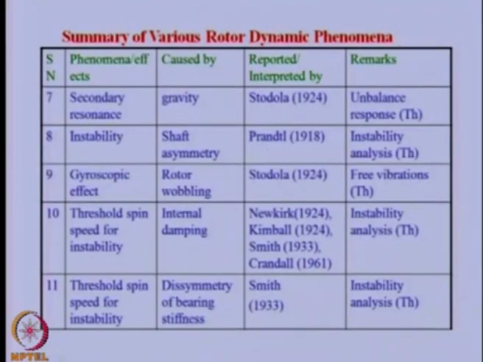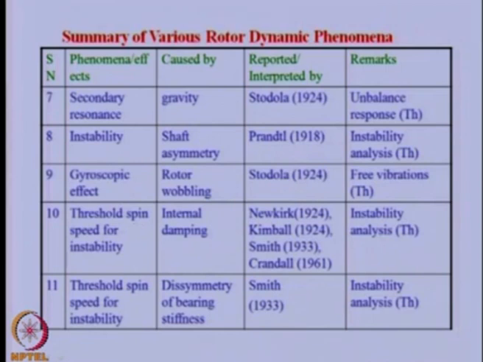Then secondary resonance due to gravity was explained by Stodola in 1924. Instability due to shaft asymmetry by Prandtl in 1918. Gyroscopic effect, that is rotor wobbling, was described in Stodola's book in 1924.